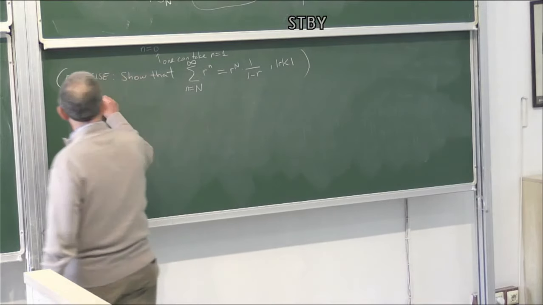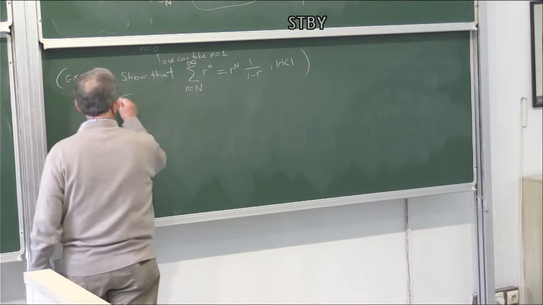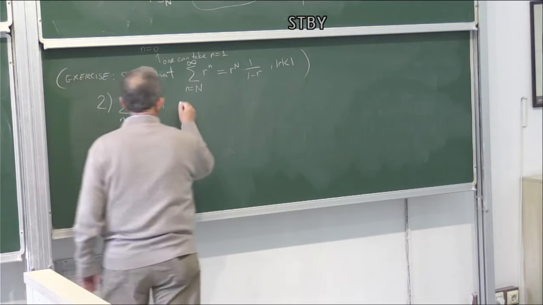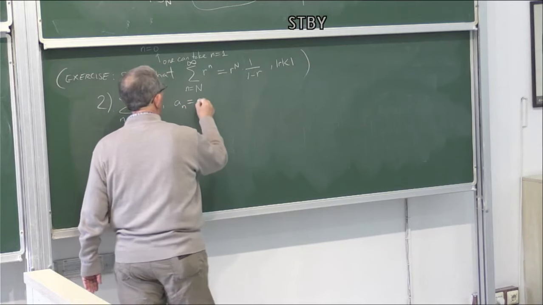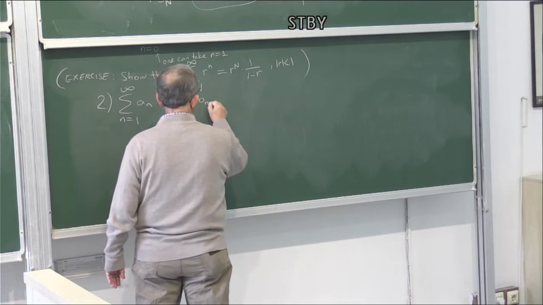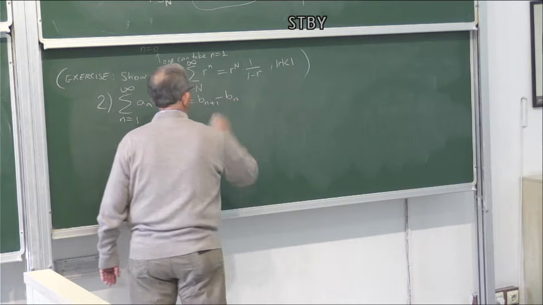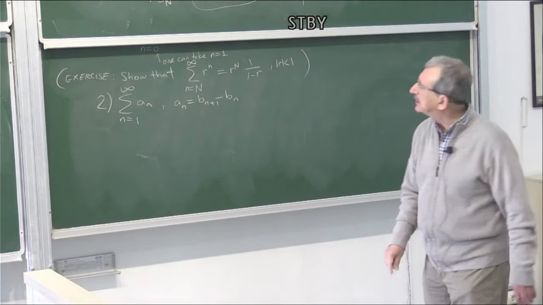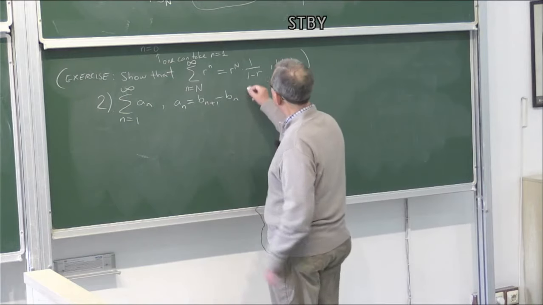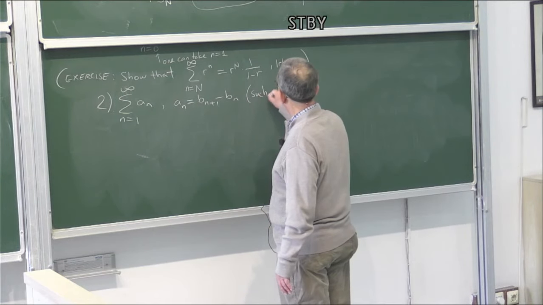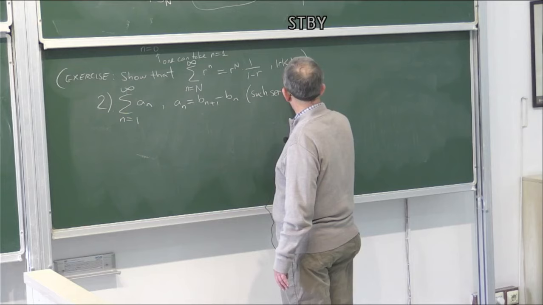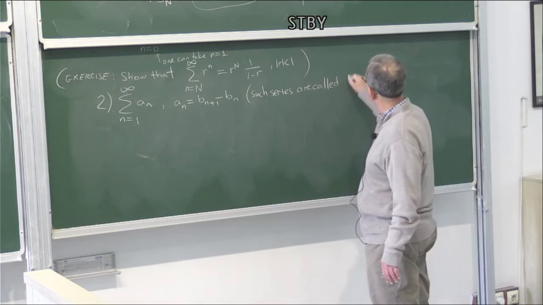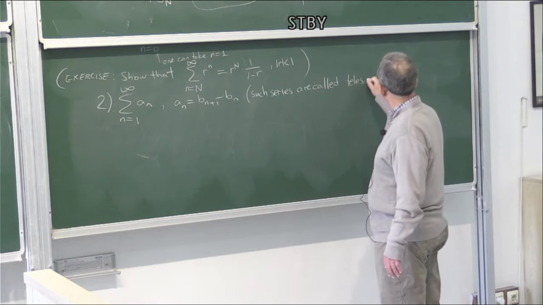A second example is a series where an is of the form bn plus 1 minus bn. Now, such series are called telescoping.